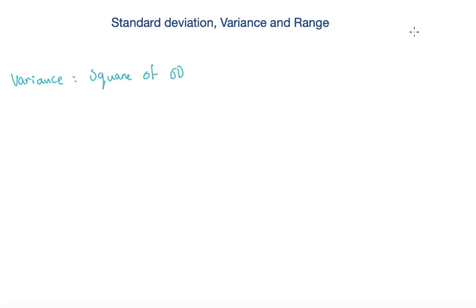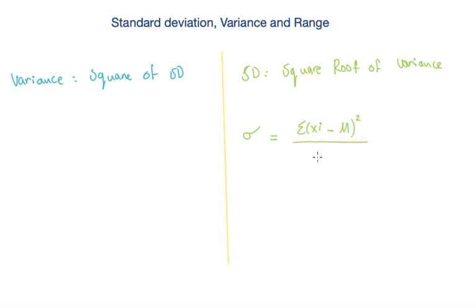And if we want to differentiate between these two without getting confusion, let's put them here. So we can say that the SD, which is the standard deviation, is the square root of the variance. So let's put our formulas back. So we have sigma equals the sum of all data point minus the population mean all squared over n, and all square root.